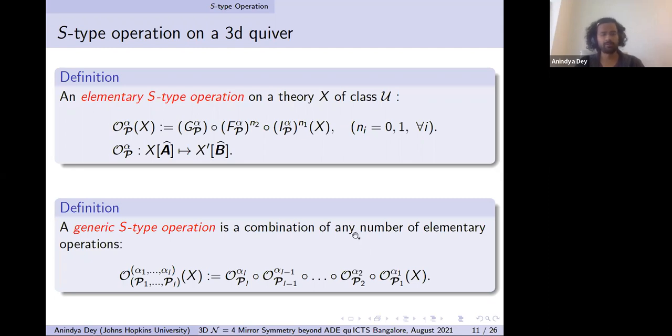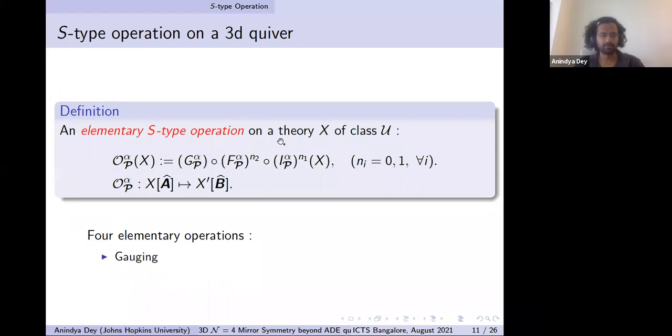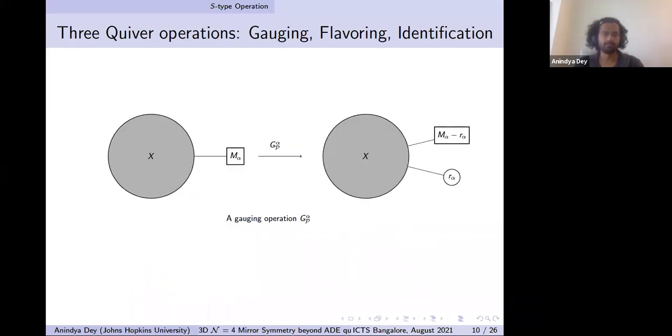Now I should probably have commented that there's this object P sitting up there, and I didn't explain what it is. This P is a permutation matrix that appears in the definition of each of these gauging, flavoring, and identification operations. If I go back for a second to the gauging operation, you saw that I took a U(M_alpha) quiver and broke it down to a U(M_alpha minus R_alpha) times U(R_alpha) quiver node, right?